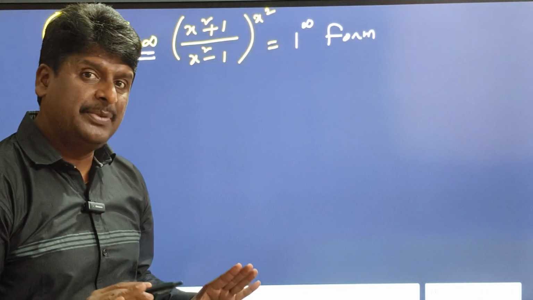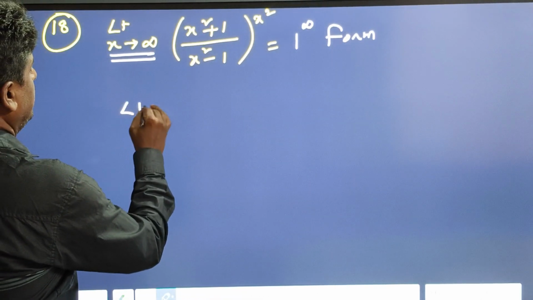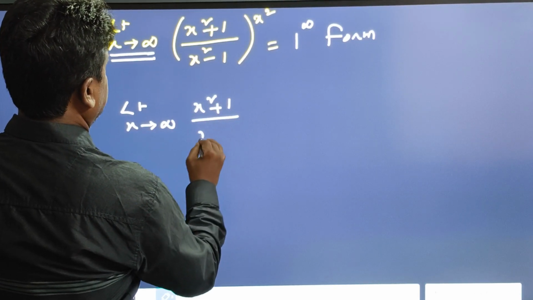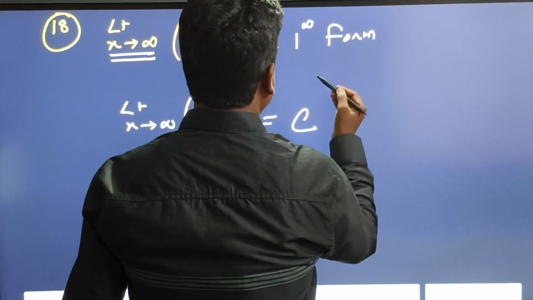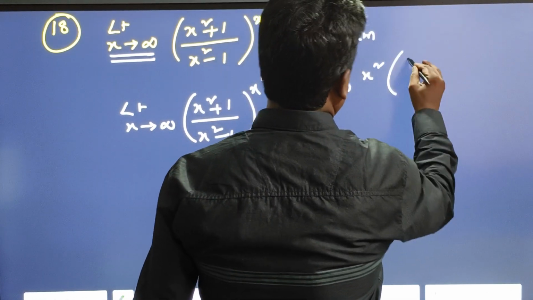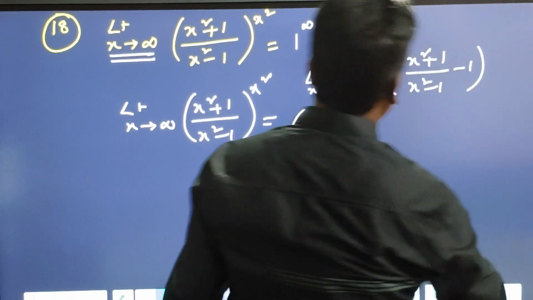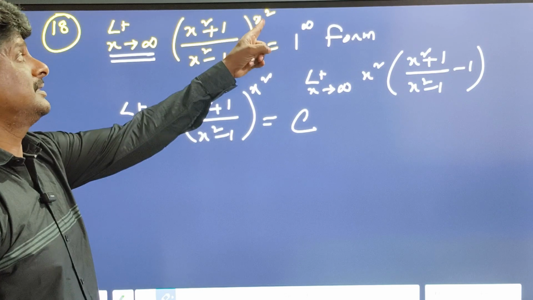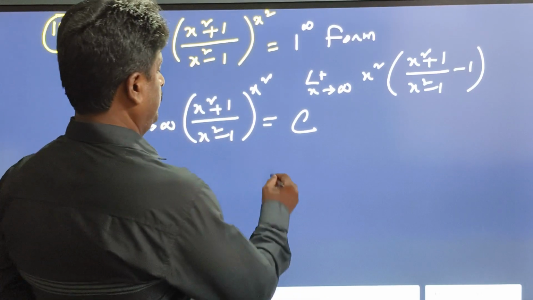Whenever the given limit is in 1 power infinity form, we can use the formula: f(x) power g(x) is equal to e power limit of g(x) into (f(x) minus 1). This is g(x), this is f(x). You can check our working rule.